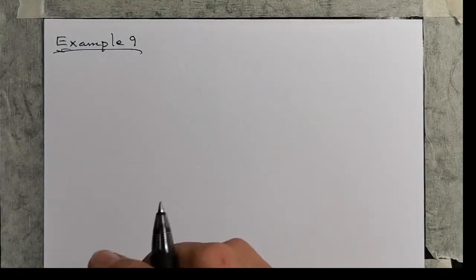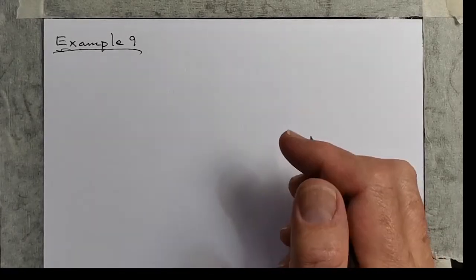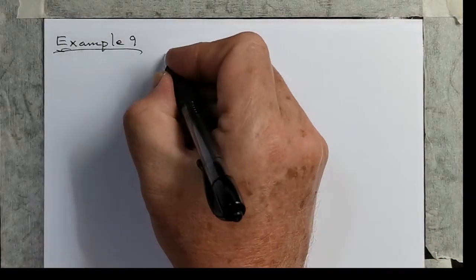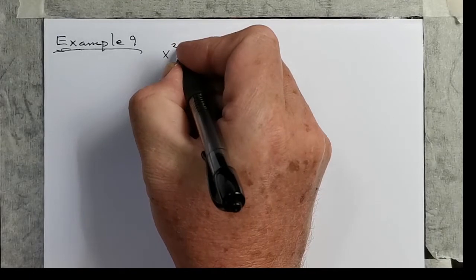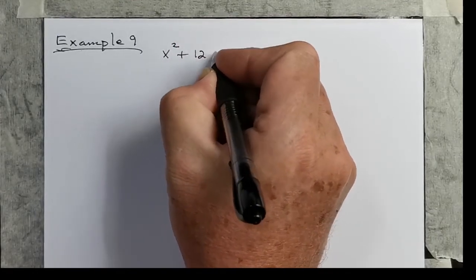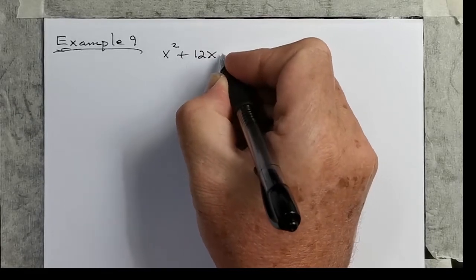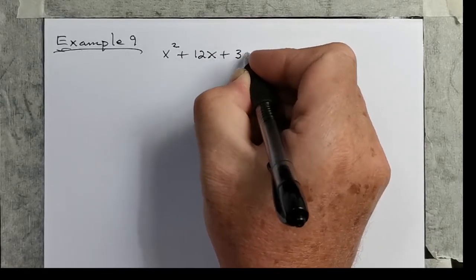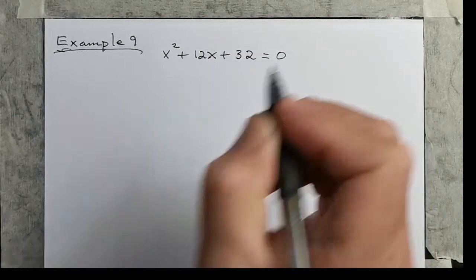So here we have a trinomial set equal to 0. So we have x squared plus 12x plus 32 equal to 0.